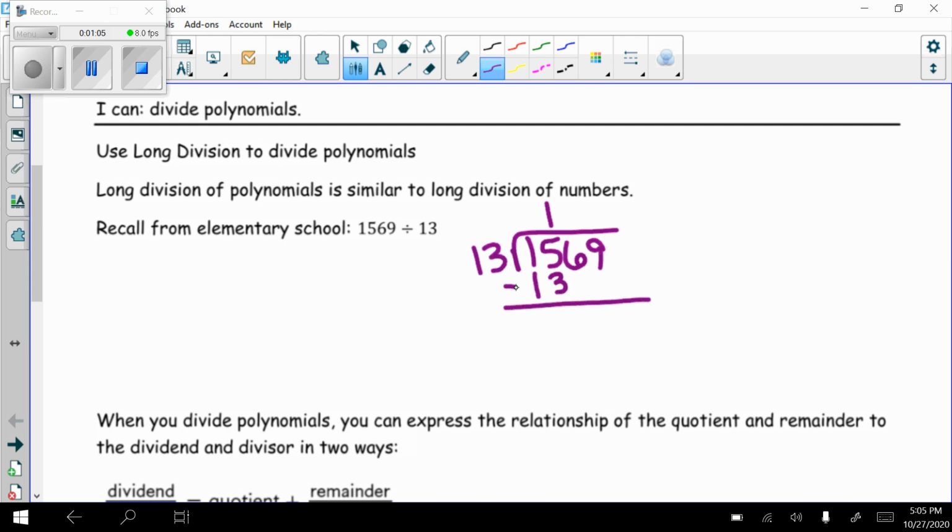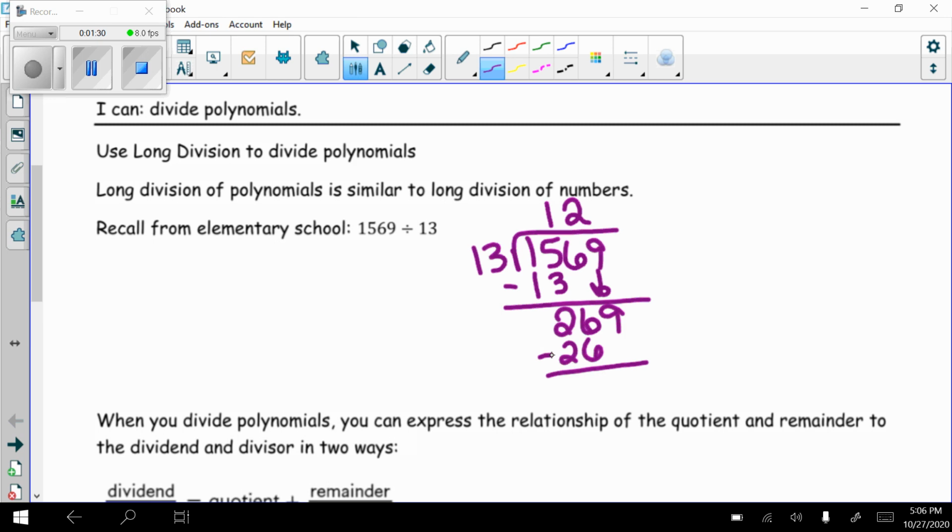Remember here we subtract our numbers. So 15 minus 13 is 2. And then my 6 and my 9 come down. So then how many times will 13 go into 26? 13 will go in there twice. So 13 times 2 is 26.